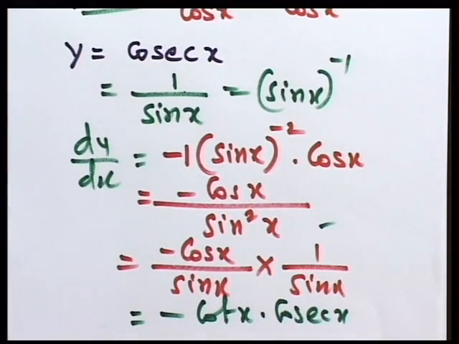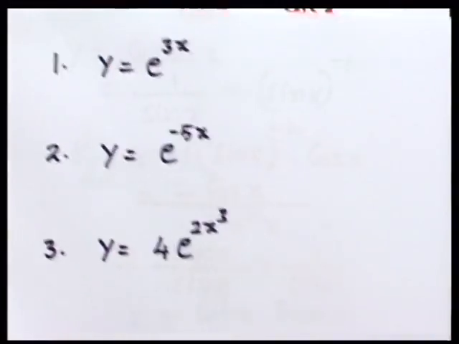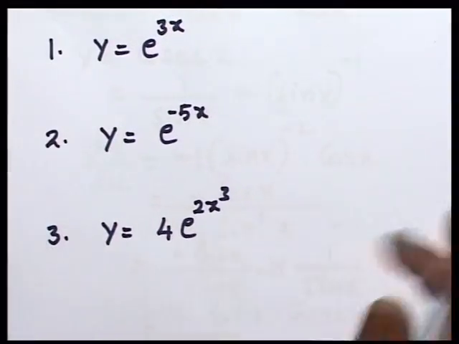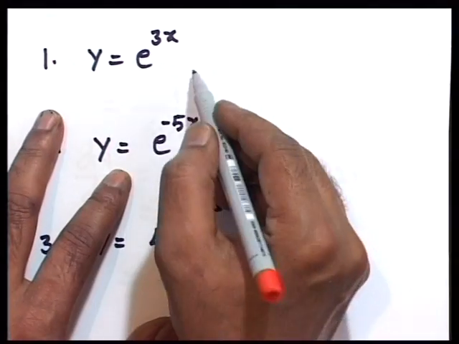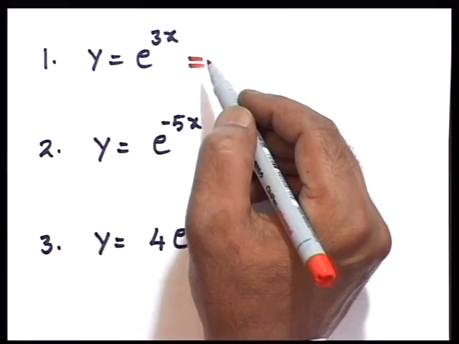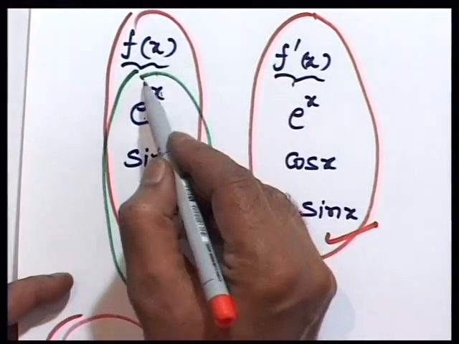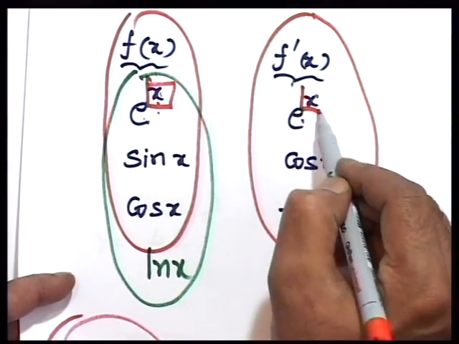Now we are supposed to do few questions, now past exam sums and the e to the power x sums as well. So let me take you through few questions there of e to the power x style, right? There we go, that's question number 1. y equals e to the power 3x. We know e to the something is e to the same thing.